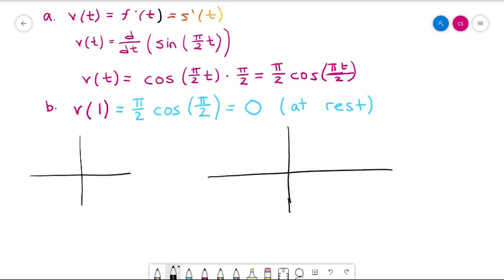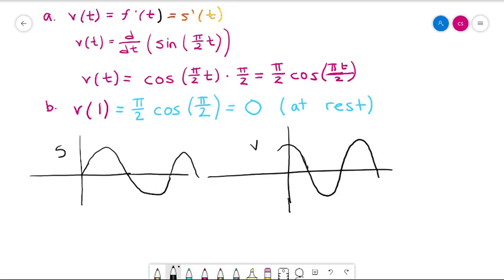And time is always greater than 0, so we'll just focus on this part. Okay, so it looks like this, and it goes on forever, right? This is s. And then your velocity is cosine pi t over 2. So we're looking at something like this. All right, and again, it's forever.